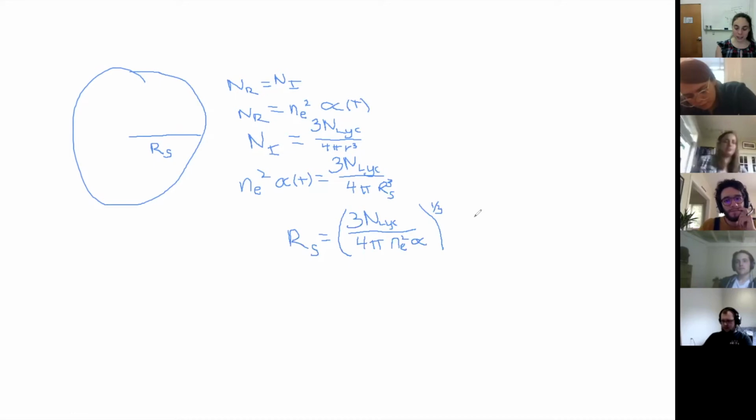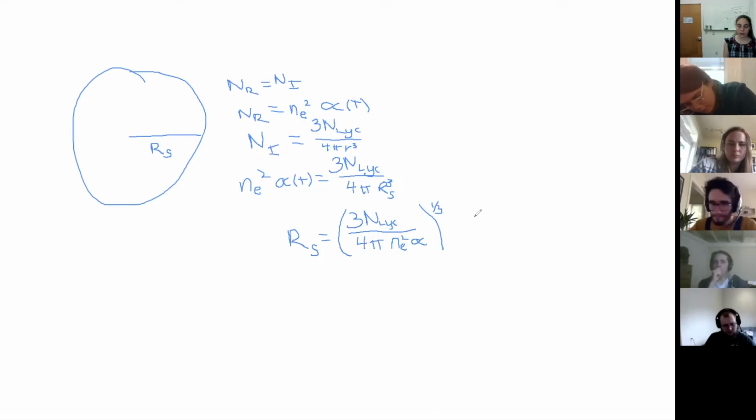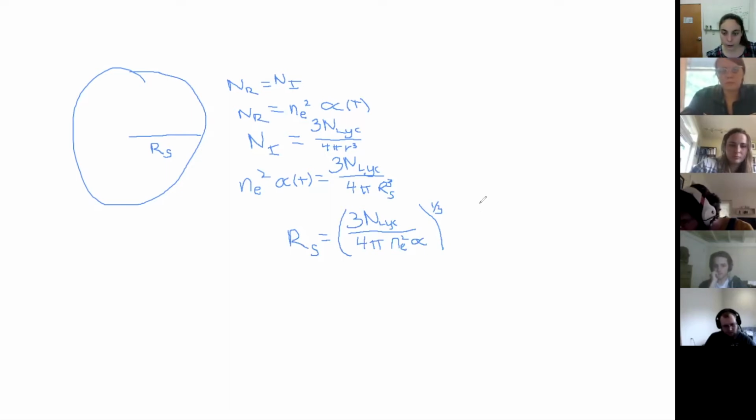But what we can see really quickly, just to plug some numbers in, if we have two O3 stars in our H2 region, then using a chart I showed 2 classes ago, each O3 star puts out 10 to the 50th Lyman continuum photons per second.